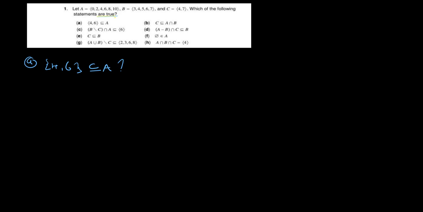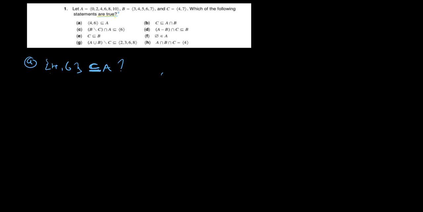The word down here means equal. Is it a subset or just equal? Are they the same? Yes, 4 and 6 are found in A, but they are not the only members, which is what should be followed to say equal to.